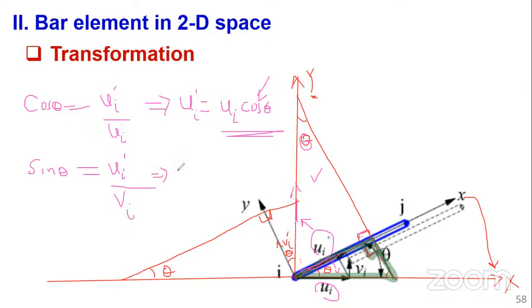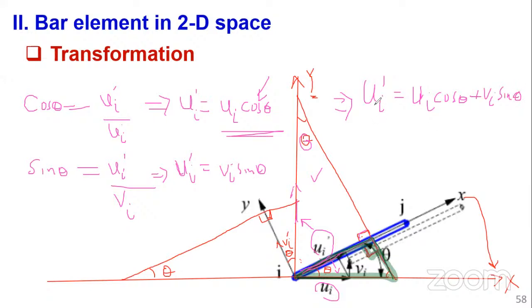So in short, we are getting ui prime is equal to vi sine theta. That being the case, if you add these two, we have resolved both horizontal and vertical components. So ui prime in the local coordinate system is equal to ui in the global coordinate system cos theta plus vi sine theta.